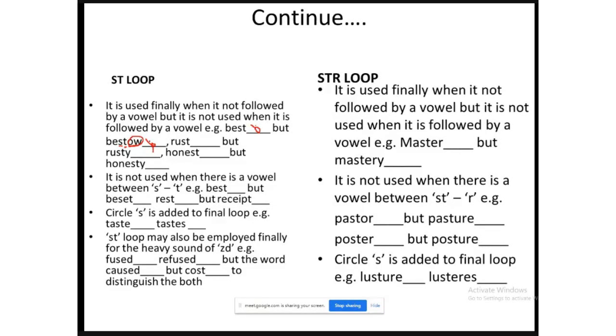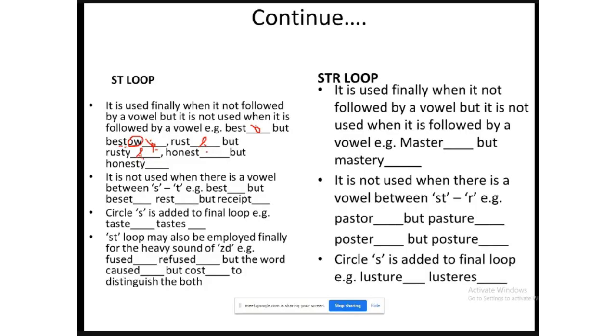Actually, we need a stroke consonant to place the vowel. Rust: R and ST loop. But rusty: R, S, T, rusty. The stroke will be here, so the consonant will be here. It is the final consonant.